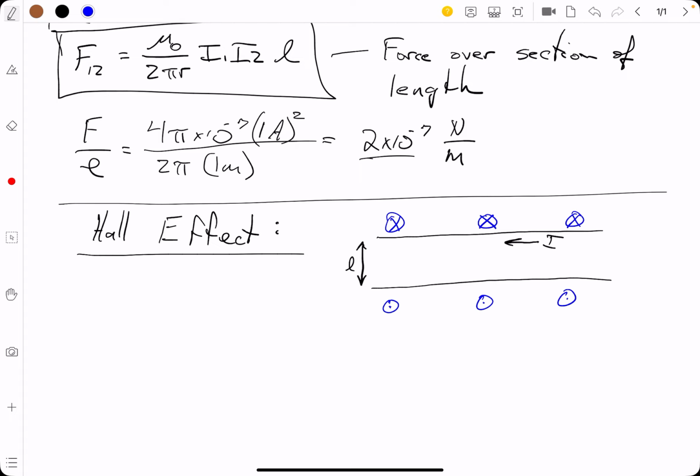I should probably fix that. That's better. So fix that in your brain or on your piece of paper, because that's not correct.